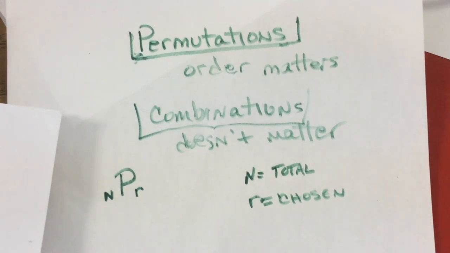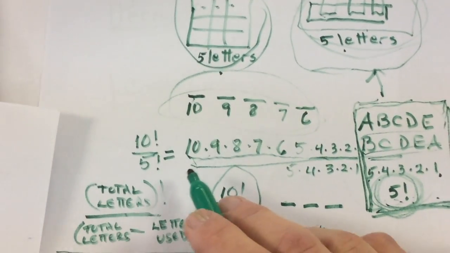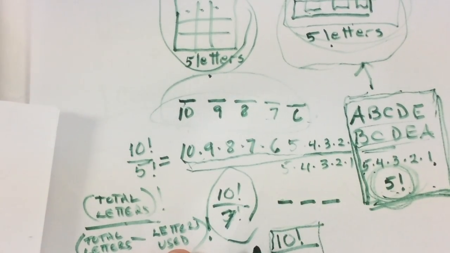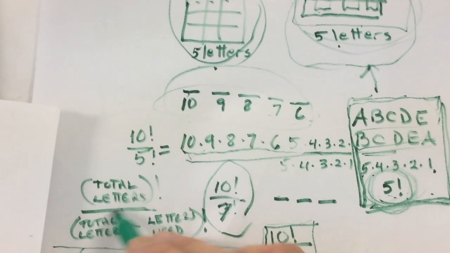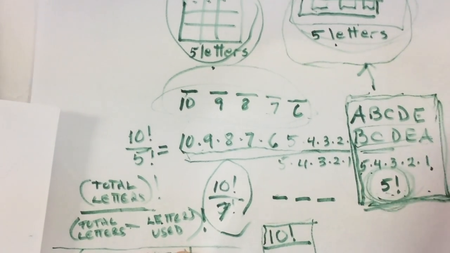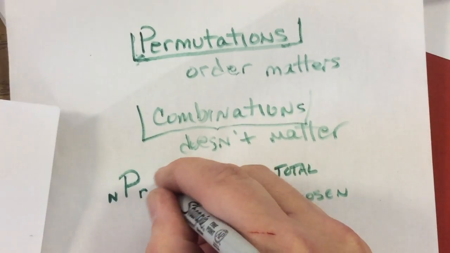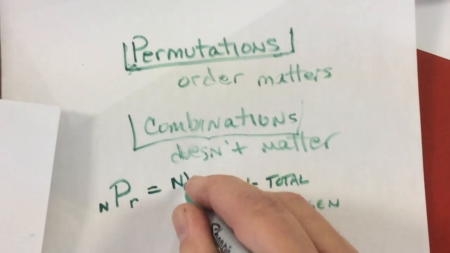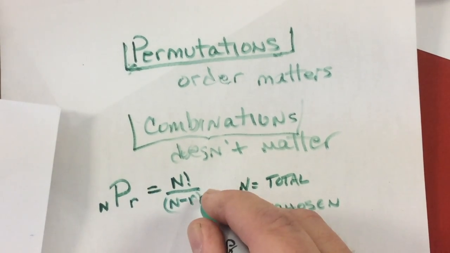That's exactly what we were just talking about a moment ago over here, right, where order mattered, and we were picking 5 things out of 10, and we decided that the total number factorial divided by the total number minus the number used factorial was actually how many you come up with. So the number of permutations here is going to be n factorial divided by n minus r factorial.